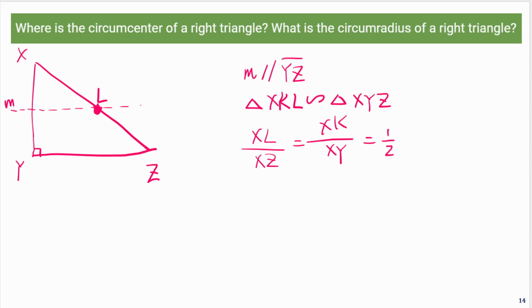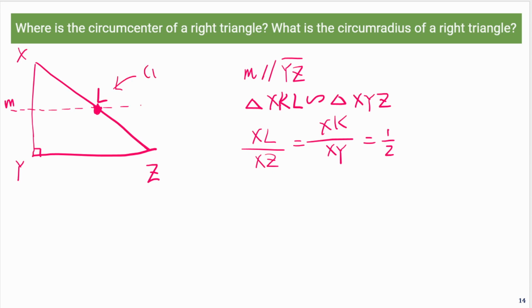Clearly, L is also on the perpendicular bisector of XZ since L is the midpoint of that hypotenuse. So L must be where the perpendicular bisectors of triangle XYZ intersect. Therefore, L is the circumcenter of triangle XYZ.